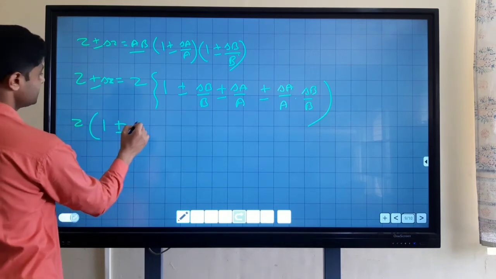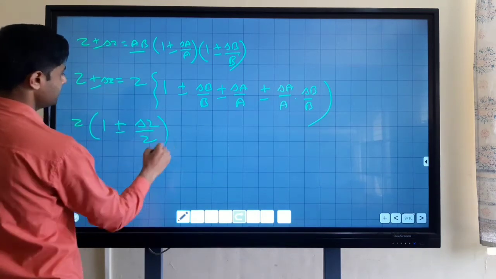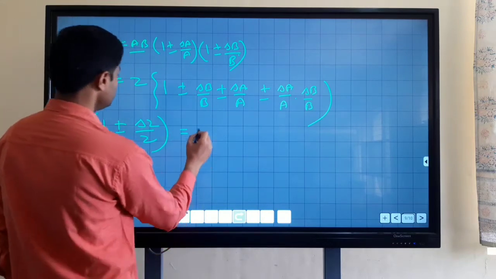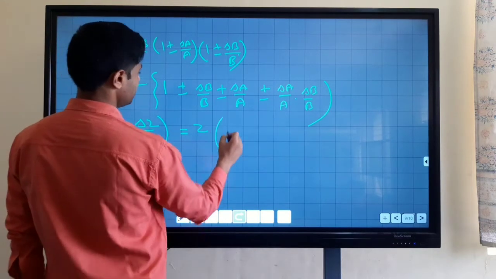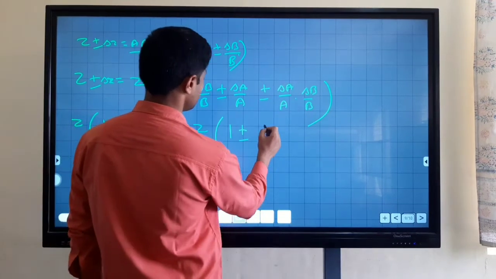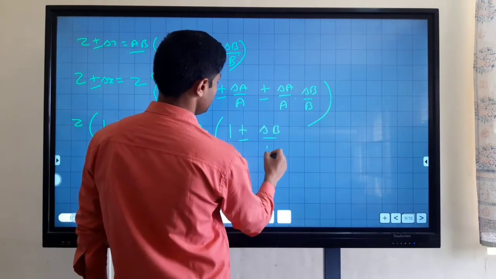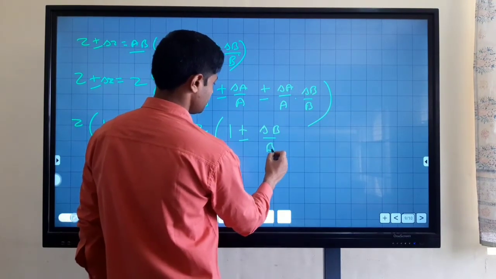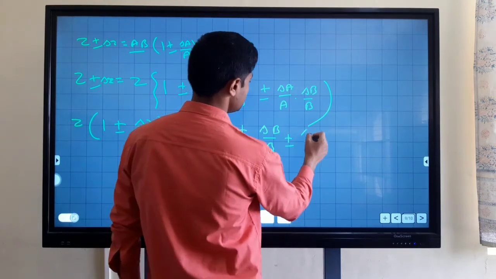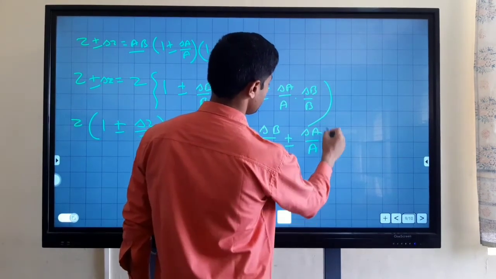So 1 plus minus del Z upon Z equal to Z 1 plus minus del B upon B plus minus del A upon A.